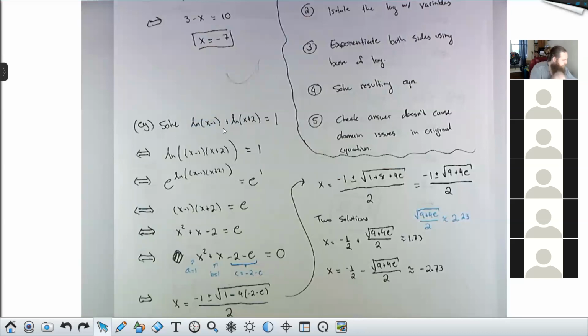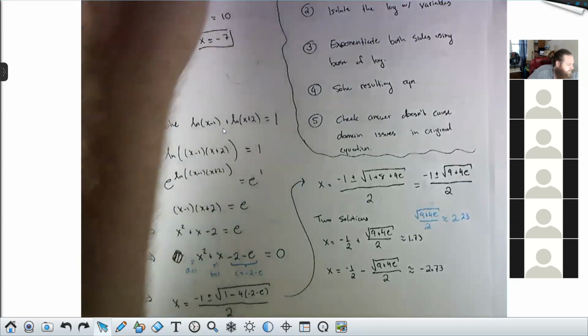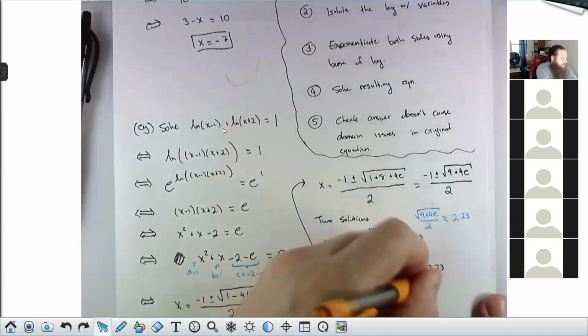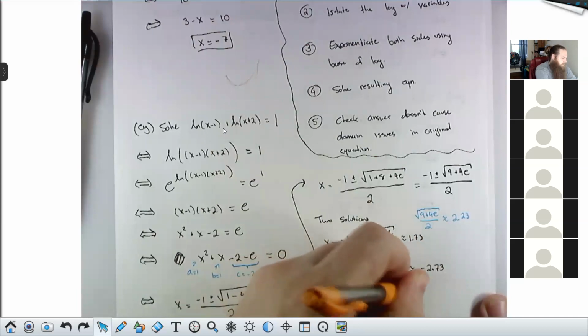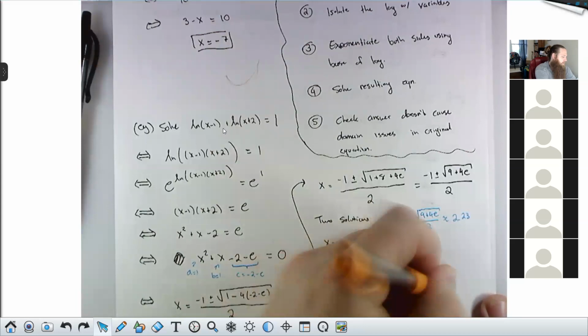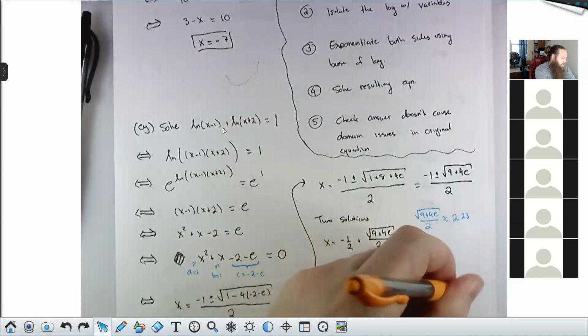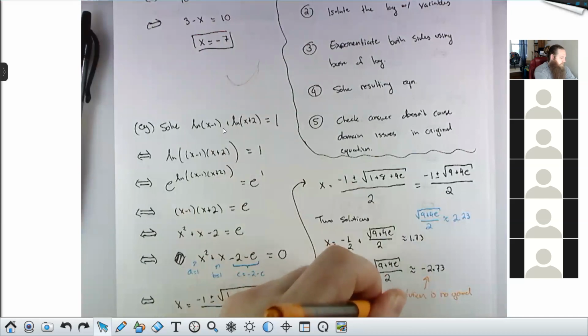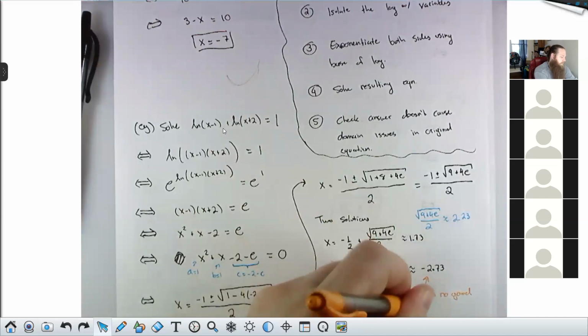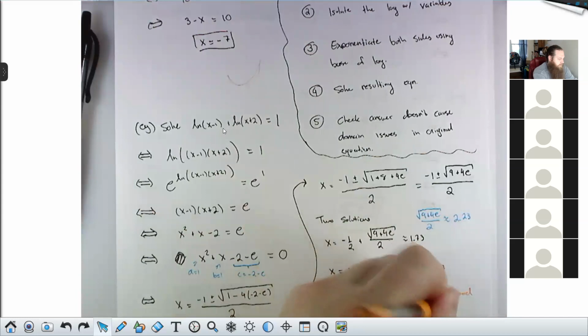So this solution is no good in the original equation. The term for this is called extraneous.